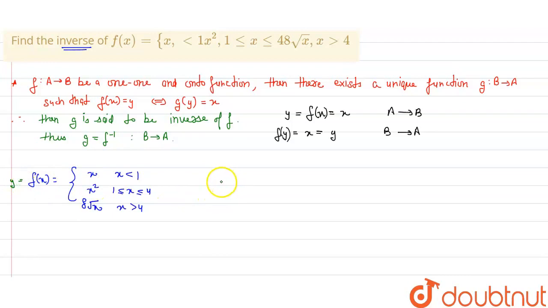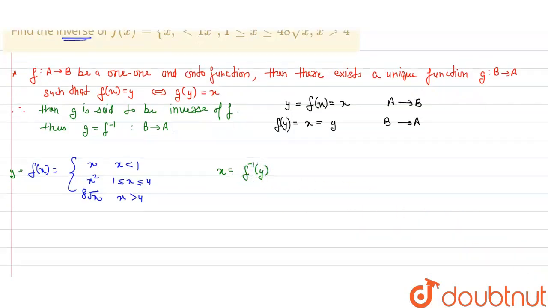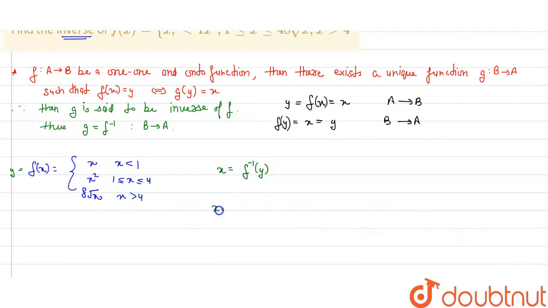Now x will be f inverse of y. So x will be y when y is less than 1, root y when y is from 1 to 4, and y square by 64 when y is greater than 4.